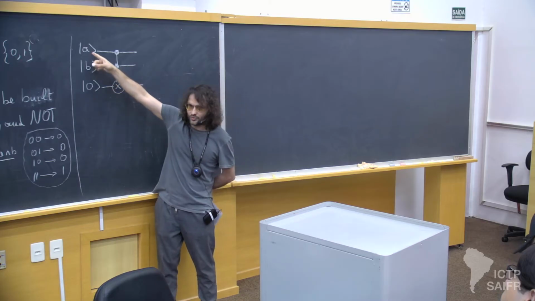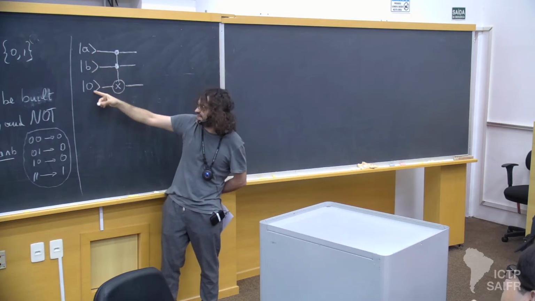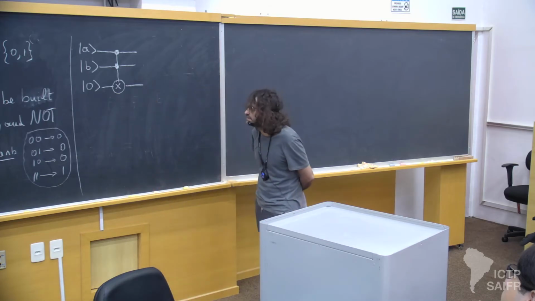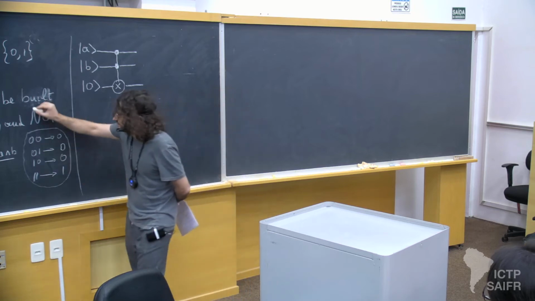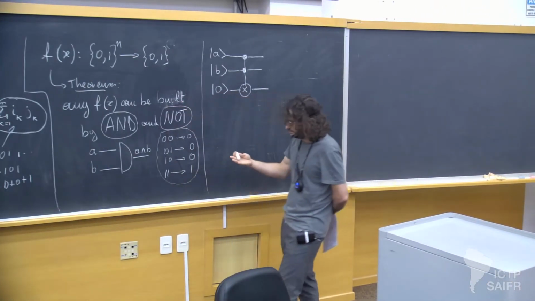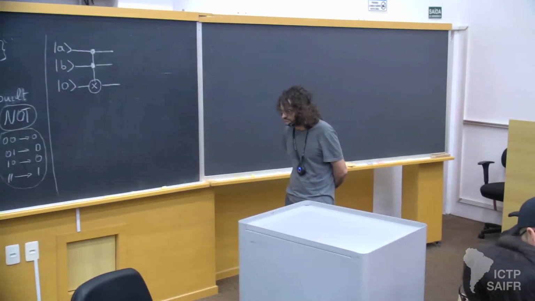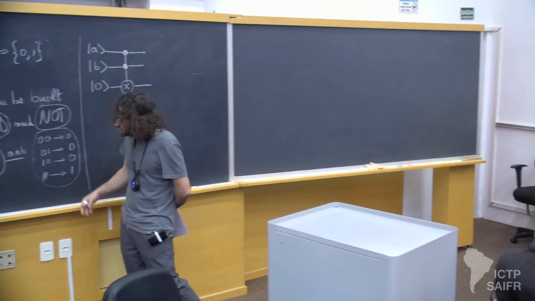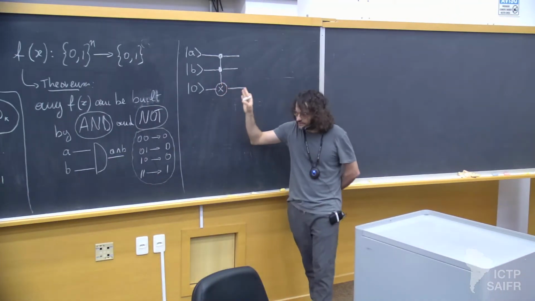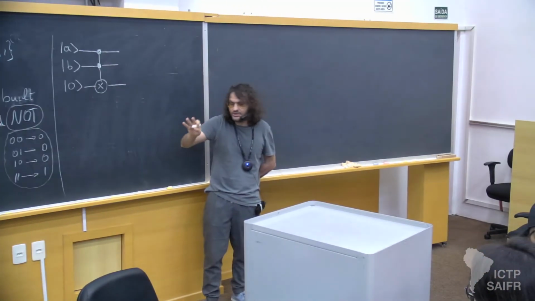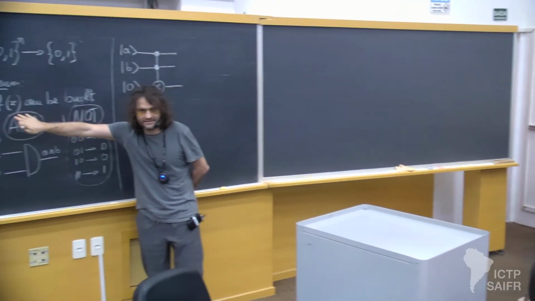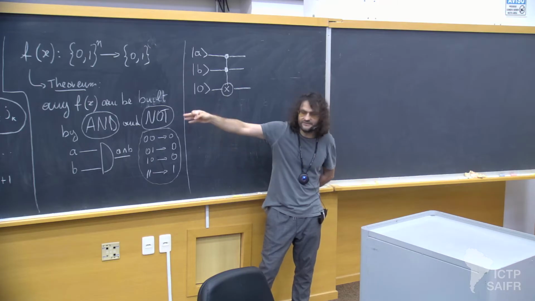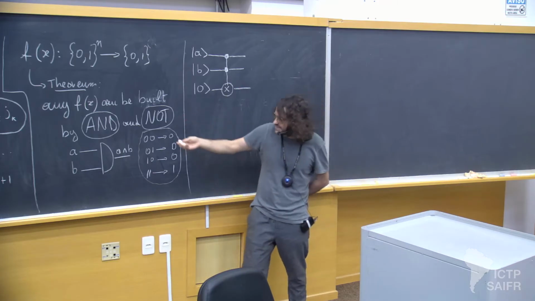If both are 1, this qubit will become 1. So this is a way to implement the AND gate. Essentially, by using circuits of Toffoli gates, in principle, it's possible to do any Boolean function that we wish. So any classical Boolean function can be reproduced only by Toffoli.